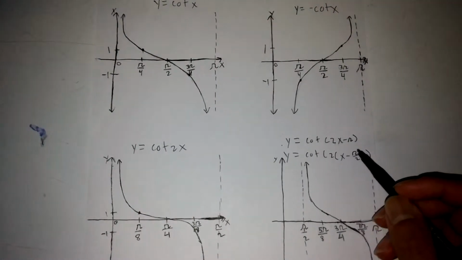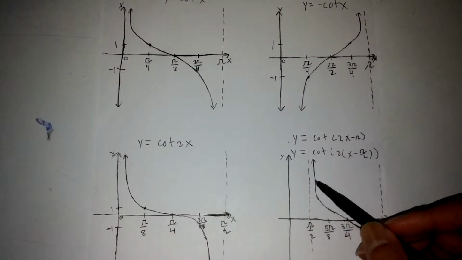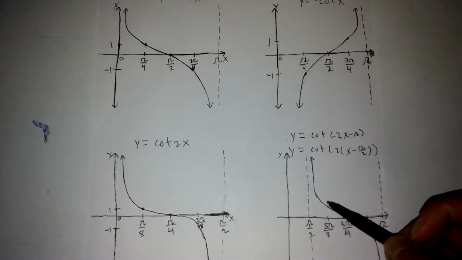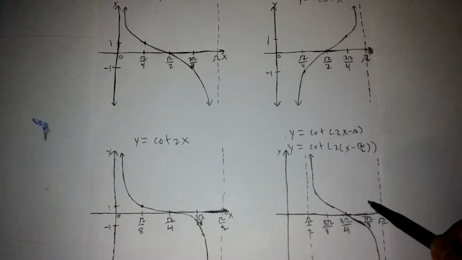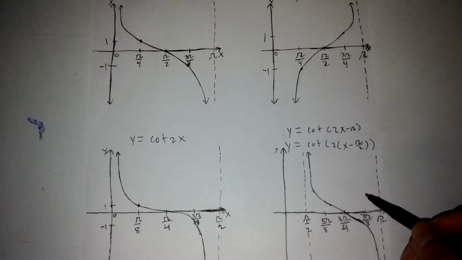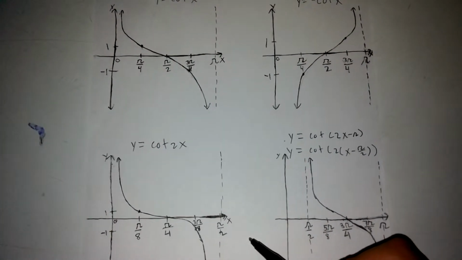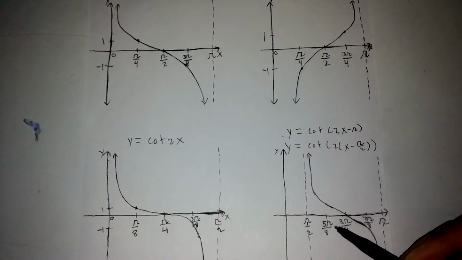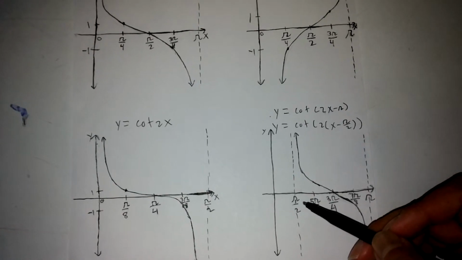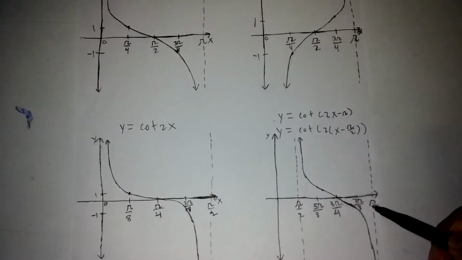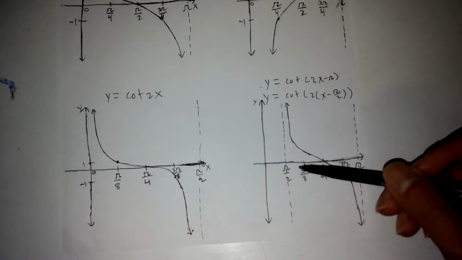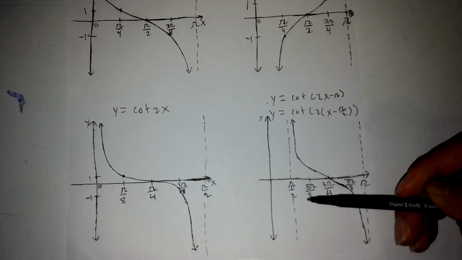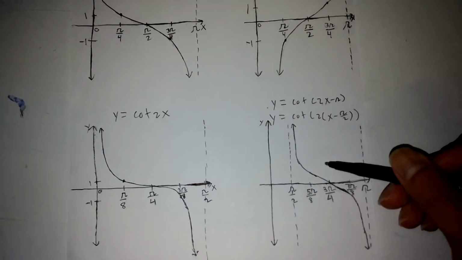We're doing shifting as well. So it's basically the same graph as cotangent 2x, except we're moving it pi over 2 to the right. So instead of starting at 0, we're starting at pi over 2. And then we add pi over 2 plus pi over 2, we get pi. So our cycle, our period is now from pi over 2 to pi.